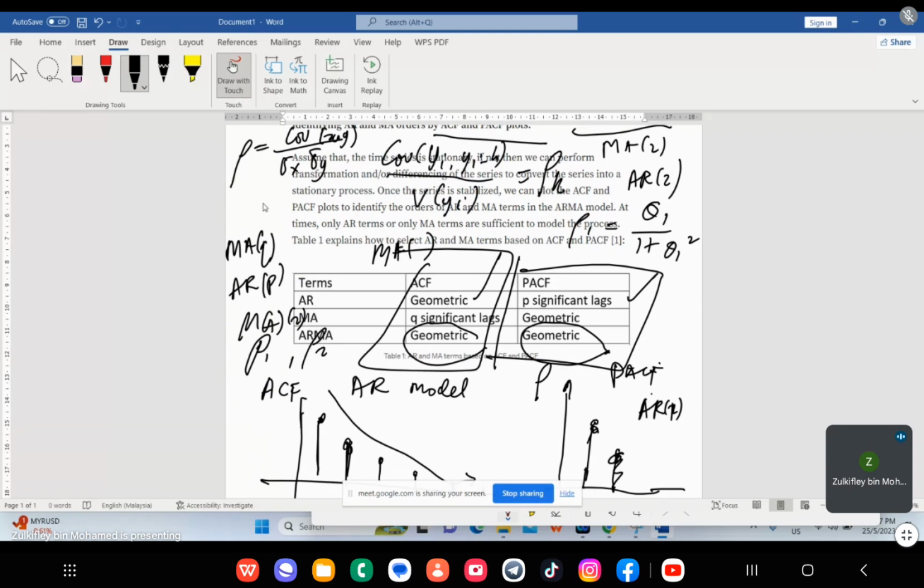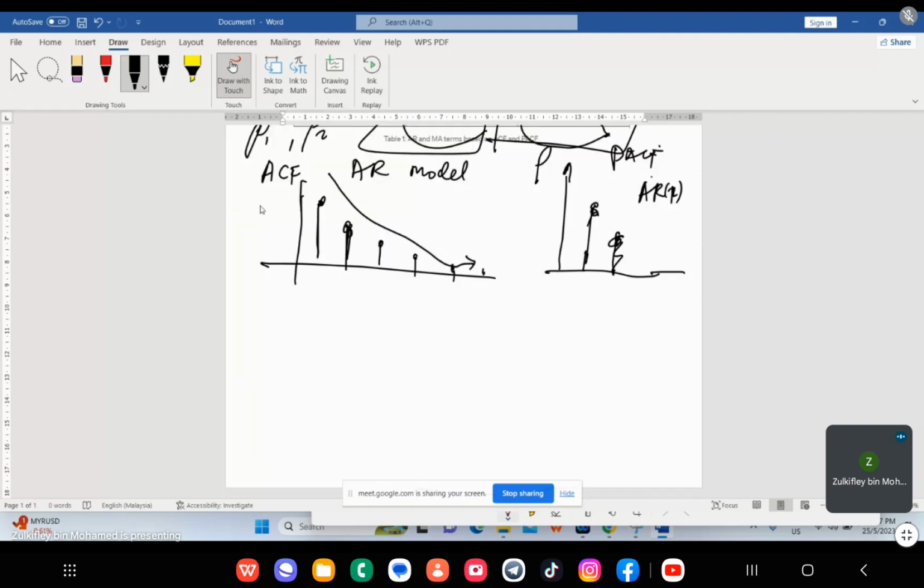Kalau you are given the equation, for example you are given this type of equation, Y_i is equal to mu, katakan mu is equal to 10 plus 0.3 epsilon_i minus 1 plus epsilon_i. So from here you can estimate your rho 1 because this is the MA1 model.